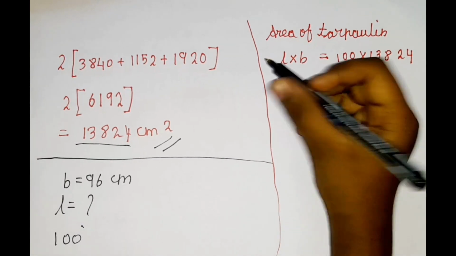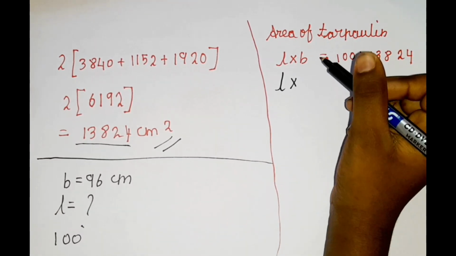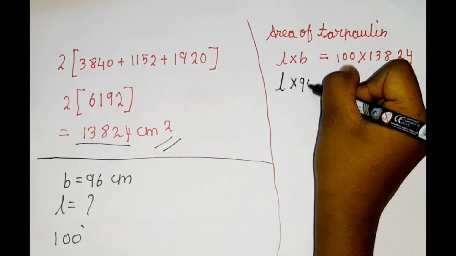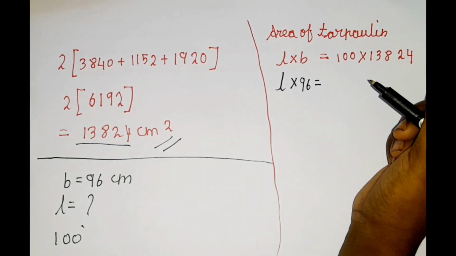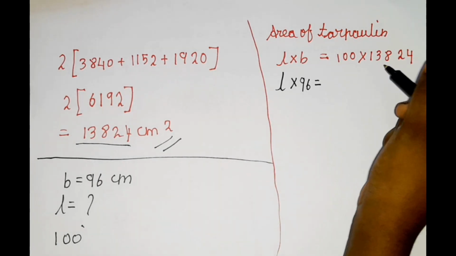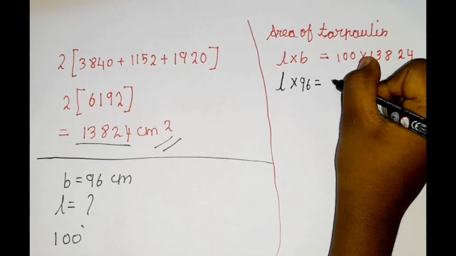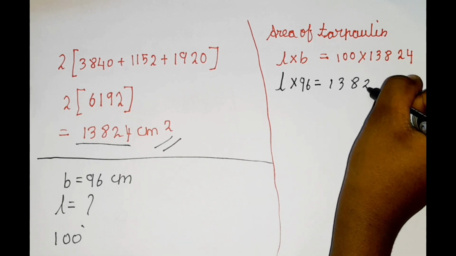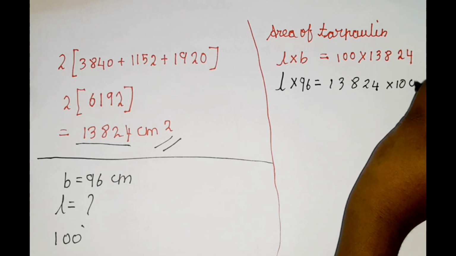That's why for 100 suitcase how much it's required, that's why I multiplied it with 100. So now let's apply the value. Length, we don't have length value, so L into breadth value is 96, am I right. So 96 is equal to, let's apply it directly. So here we have 100 into 13,824. So I am writing it as it is, okay. So it's gonna be easy for you guys. You can also multiply it directly now into 100.